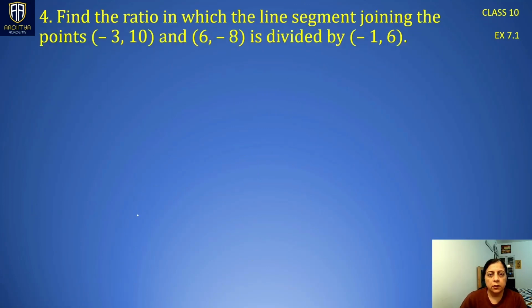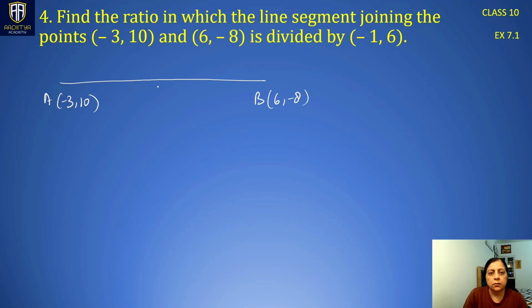Next question says, find the ratio in which the line segment joining the points A is minus 3, 10, B is 6, minus 8, is divided by the point P, which is given as minus 1, 6.